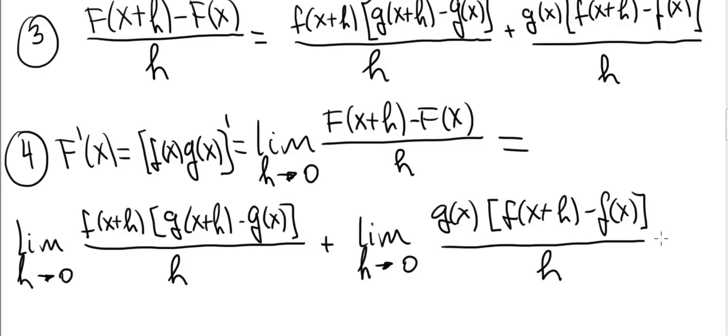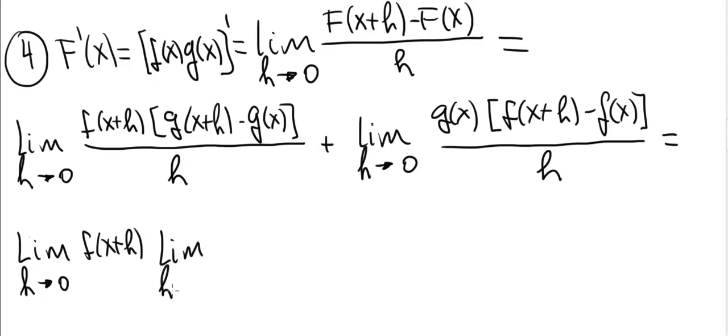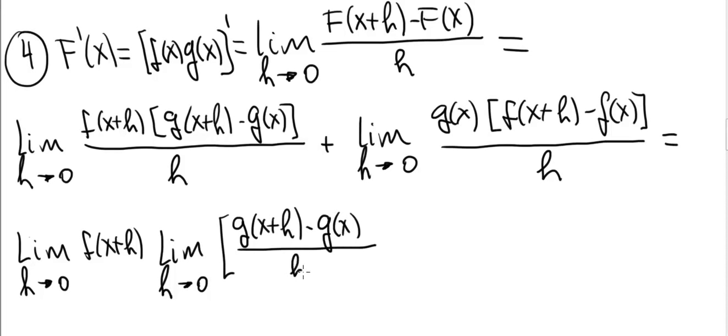Now let's simplify this further. The first of these limits will break up into two limits because of the product. The first one will be the limit as h goes to 0 of f of x plus h, times the limit as h approaches 0 of g of x plus h minus g of x divided by h.